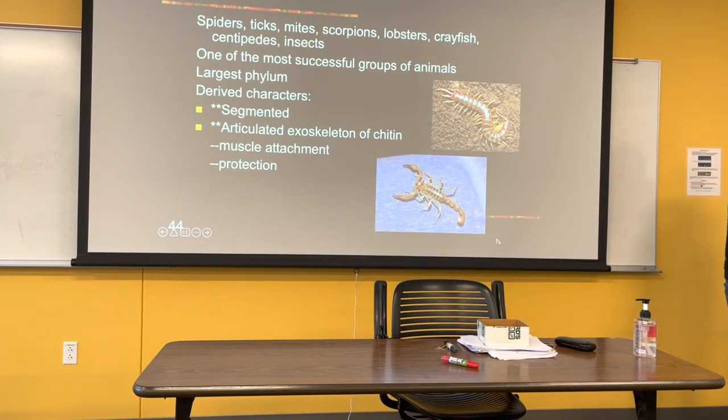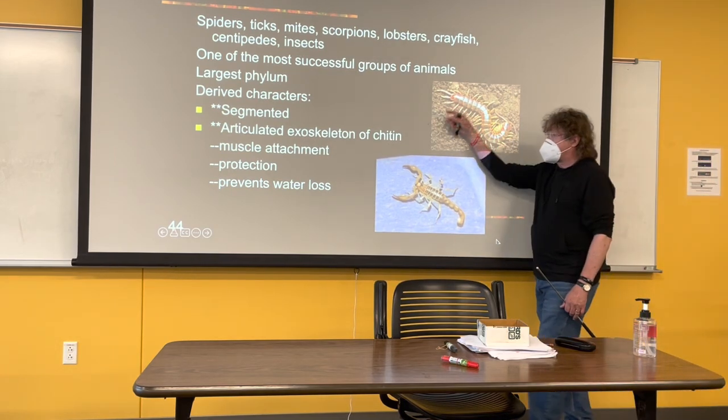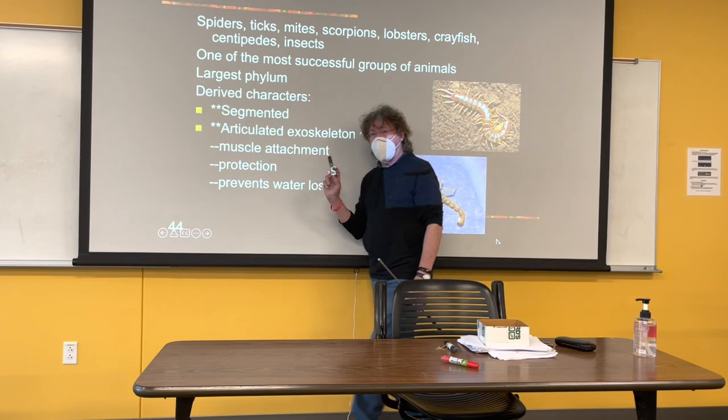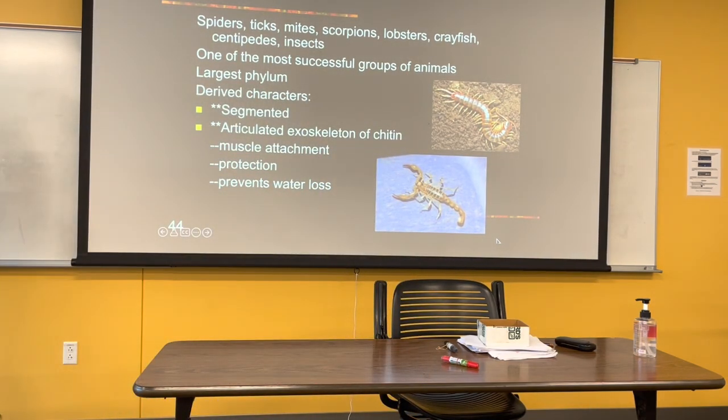They have glands in the epidermis that secrete a waxy substance that gets on the exoskeleton, and that waxy substance cuts down on water loss. And as a consequence, we find arthropods are one of the animal groups that is very well adapted to terrestrial conditions.